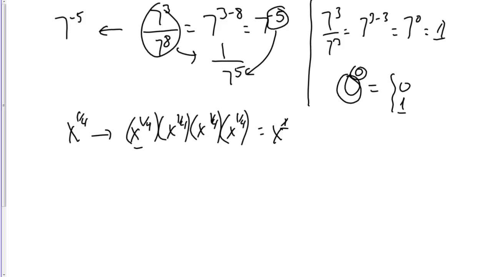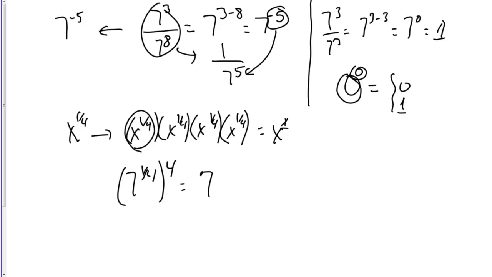Well, that's the number you would multiply by itself. We'll have 4 copies of it multiplied together to give you the number. So 7 to the 1/4 is a number that you would raise to the 4th power to get 7. And so basically, rational exponents are roots.